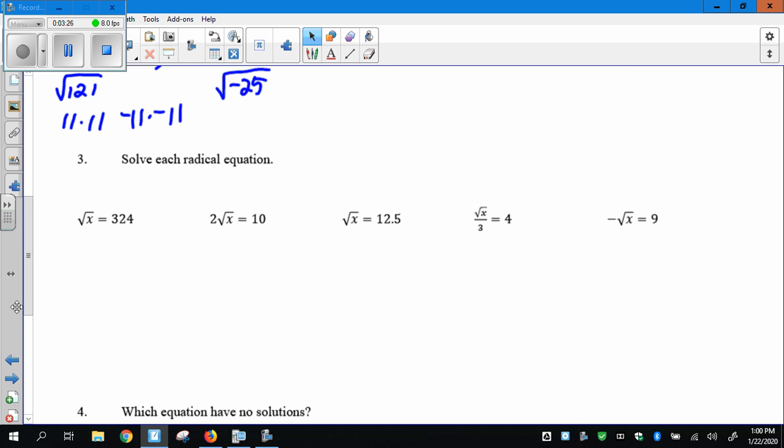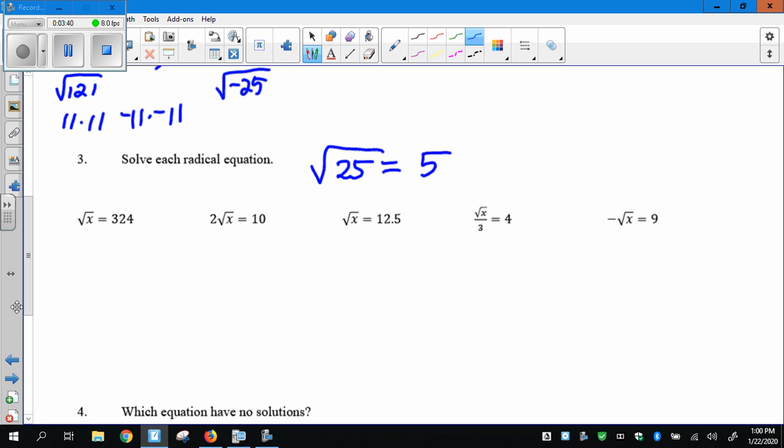Number 3, we just want to solve these, and I just want you to think about the inverse process. So just as a quick example, if we had the positive square root of 25, you would say that's equal to 5, because 5 times 5 is 25. Well, if I want to work backwards from this 5 and get 25, the way I do that is I do 5 squared. Okay?